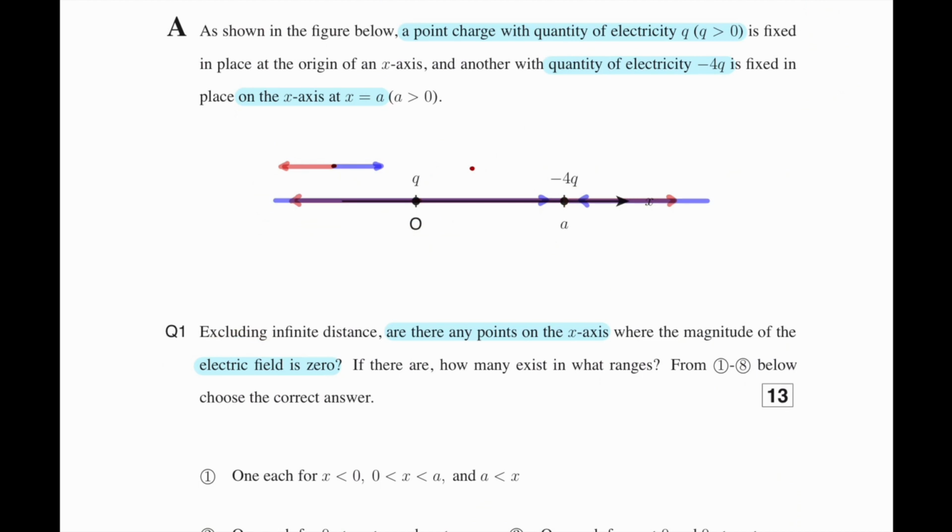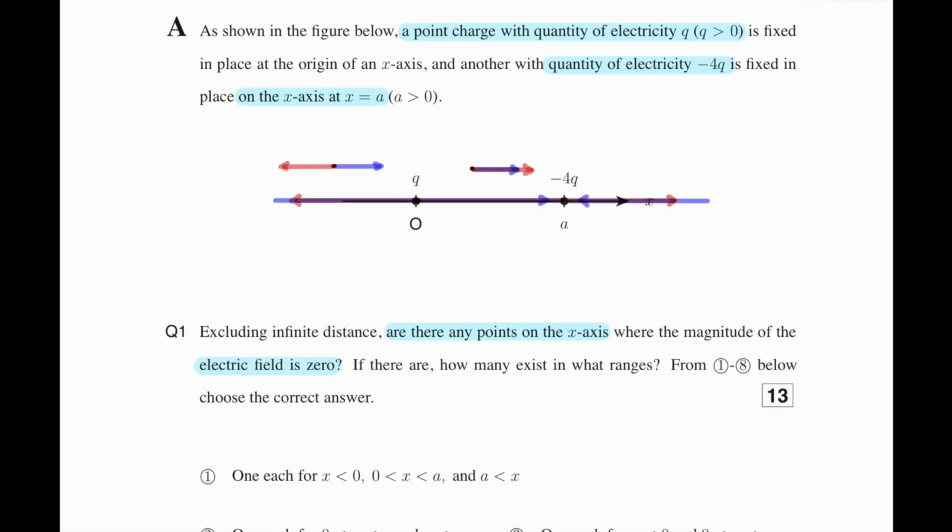The red one goes to the right, the blue one also goes to the right.